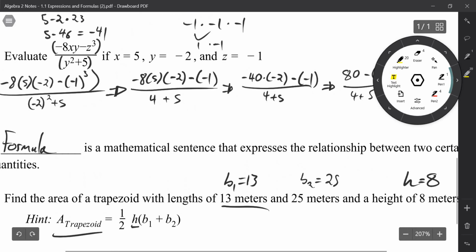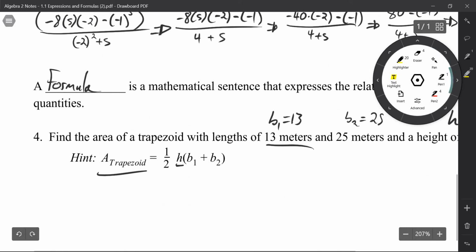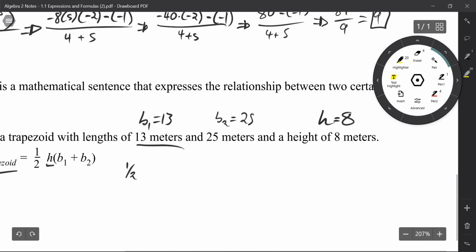So let's start plugging those in and see what we get. Let's see, we're going to have 1/2 height, which was 8, times the quantity. B1 is 13 plus B2, which is 25. And then we can attack it. We have some parentheses. That's what we have to deal with first.